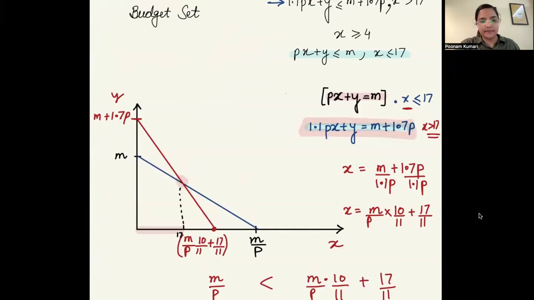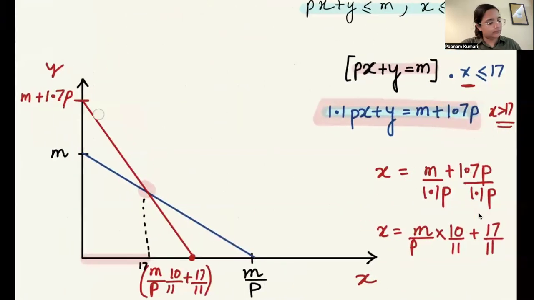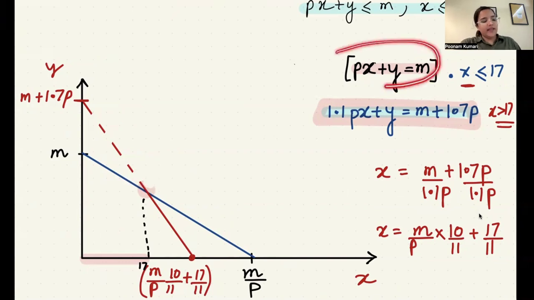Ma'am, is it always true that the intersection point will be the 17, or in a different case the value which we take is less than or equal to more than 1? If they are making you pay for additional units, if the price changes are only on the additional units, the intersection will usually be where the equations are changing.